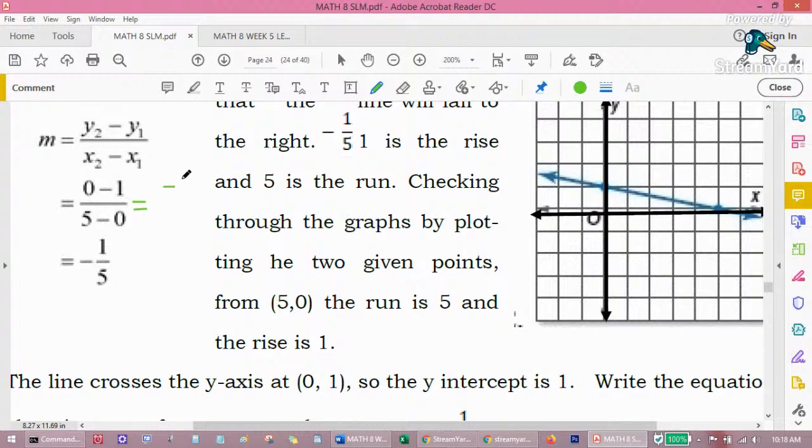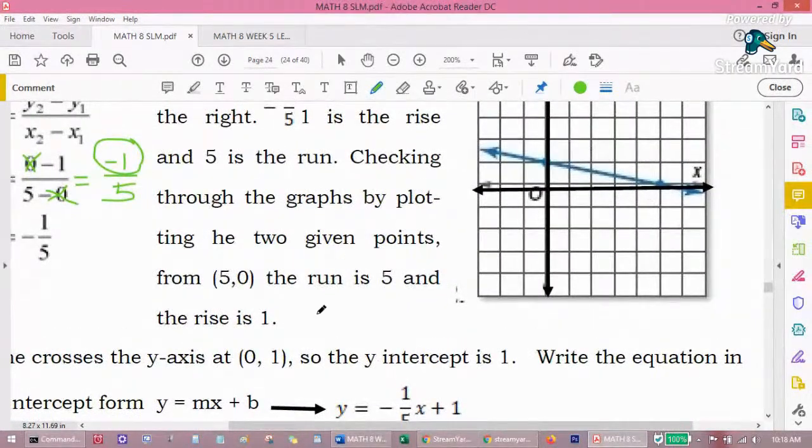Balikan natin dito. Pag dinilit natin itong 0, ang may iwan is negative 1. Then, pag nawala itong 0 na to, may iwan dito is positive 5. So, ibig sabihin, ang rise natin is negative 1.